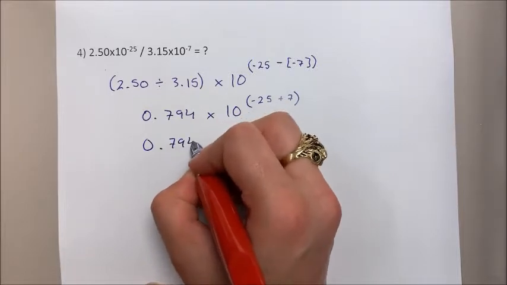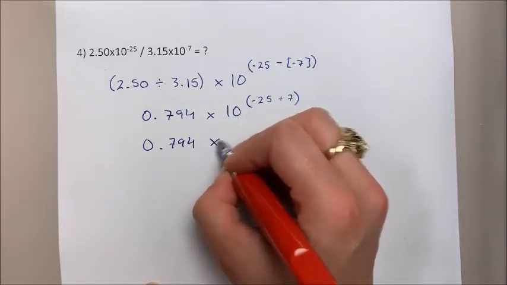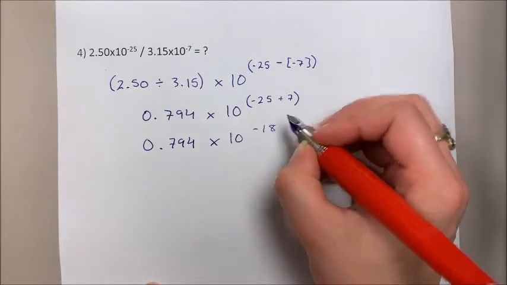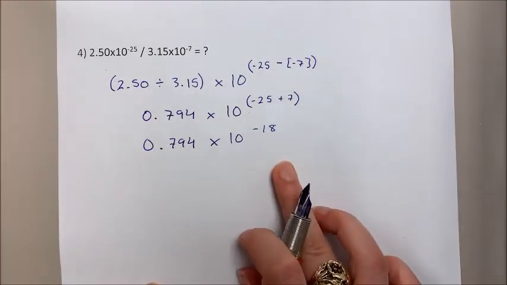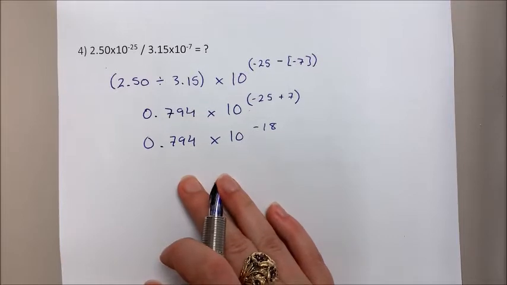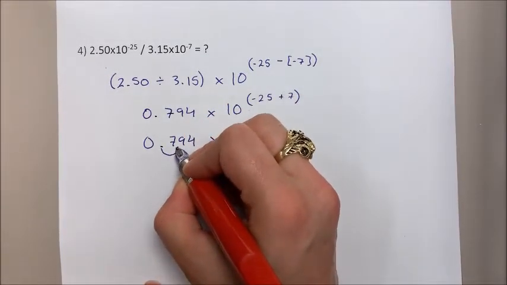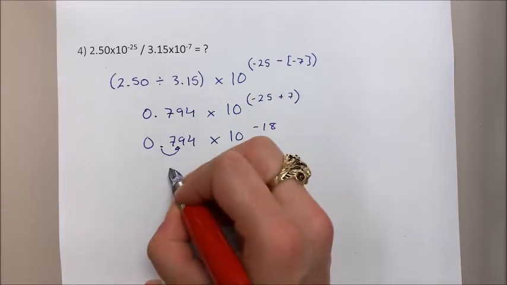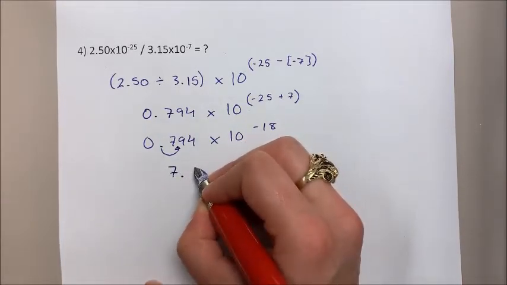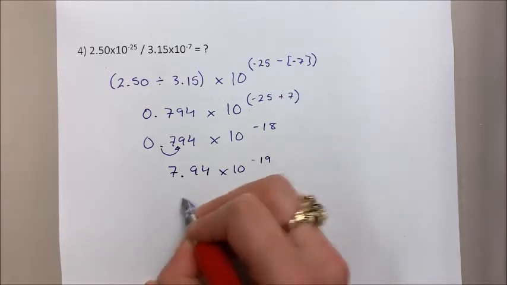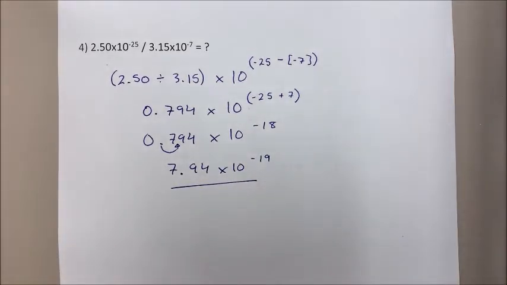So the next step is 0.794 times 10 to the negative 18. This is the correct number, but we need to express it correctly in scientific notation, which means that we're going to move the decimal place to the right 1 spot, giving us a final answer of 7.94 times 10 to the minus 19th.